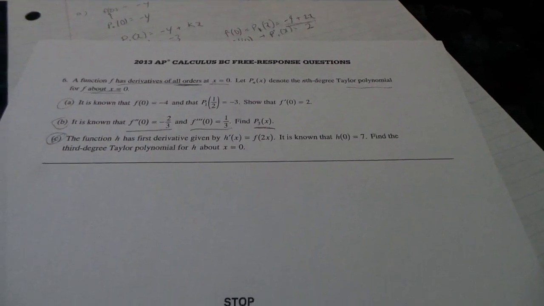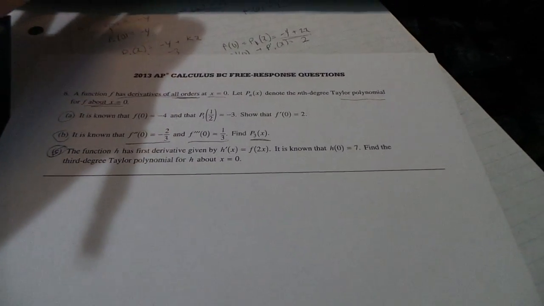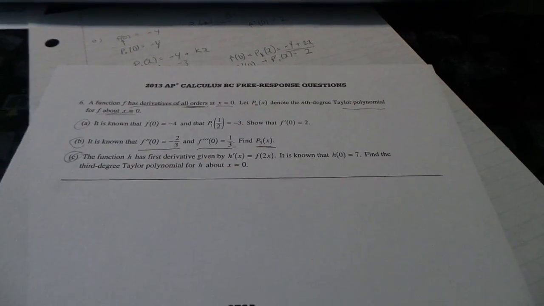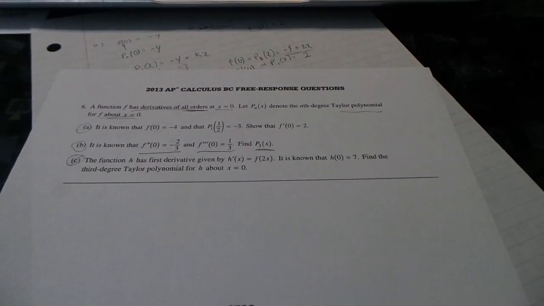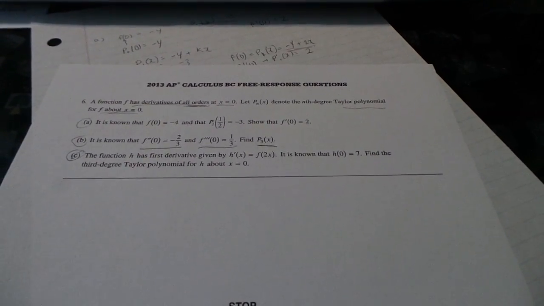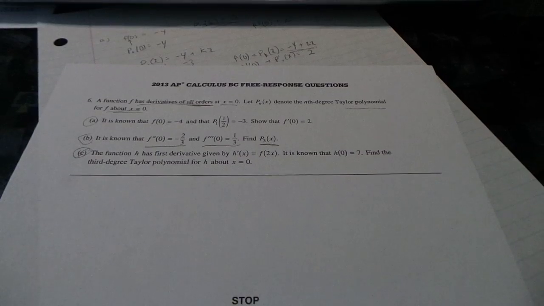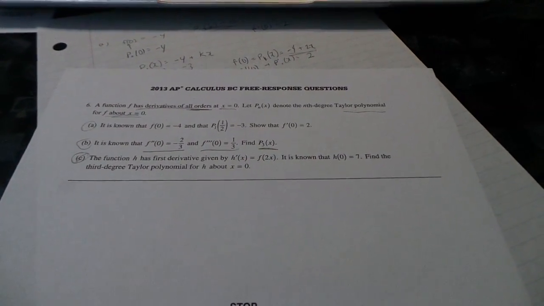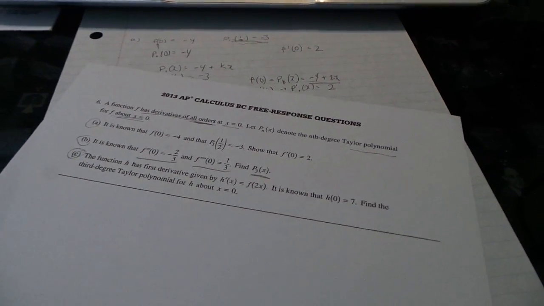Let's read the question. The function h has first derivative given by h prime of x is equal to f of 2x. It is known that h of 0 equals 7. Find the third degree Taylor polynomial for h about x equals 0.